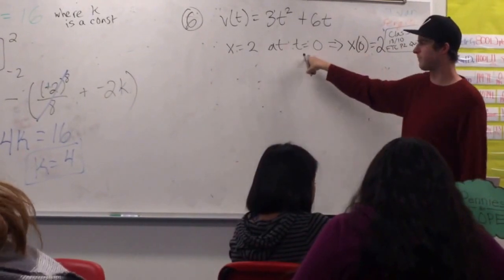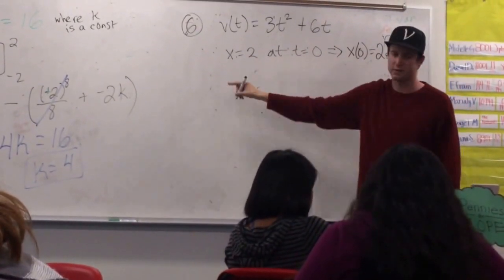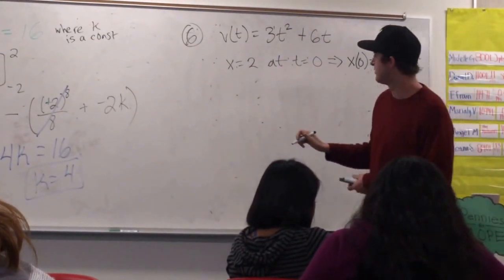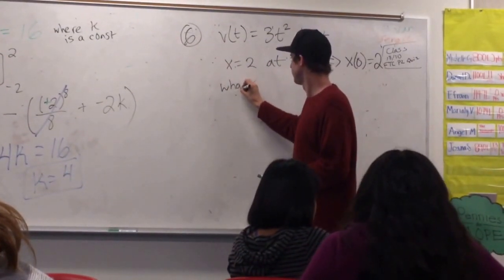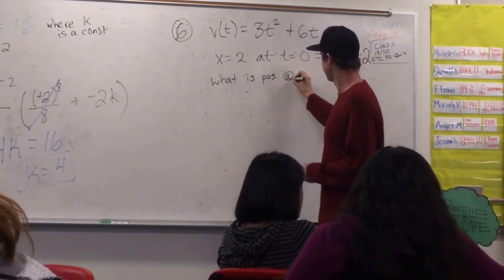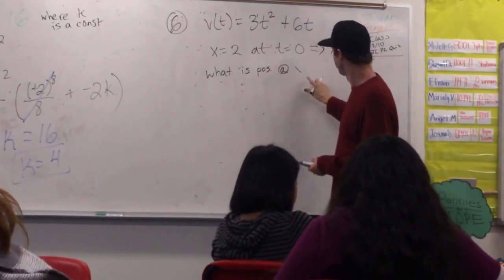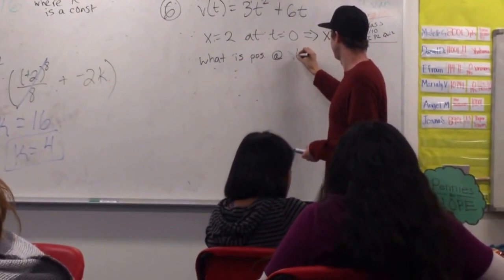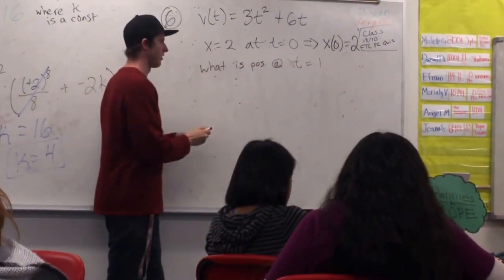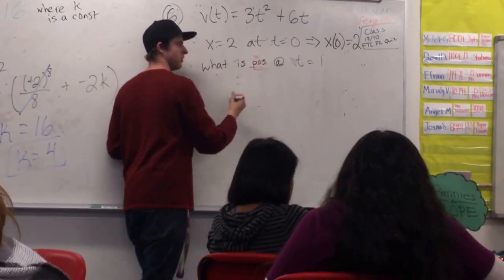We're plugging in 0 for t, we're plugging in 2 for x. You don't have to rewrite it, but you can. And it says, what is the position at time equals 1? When we're saying what is the position, that's asking for the x value.